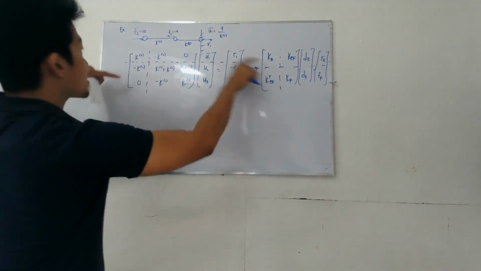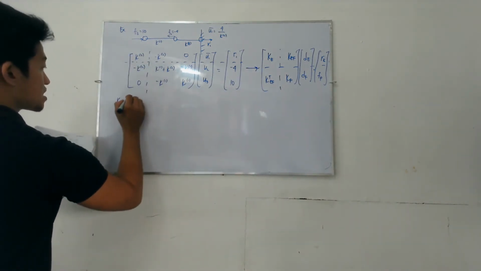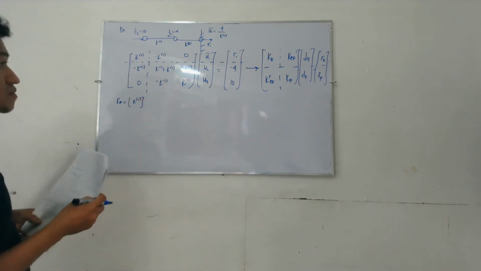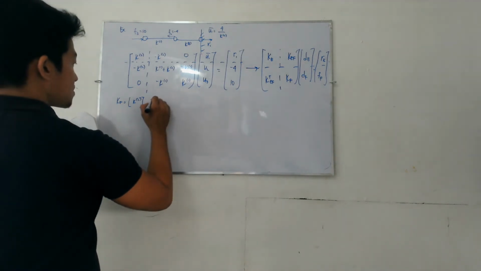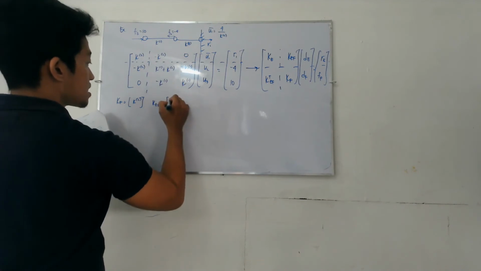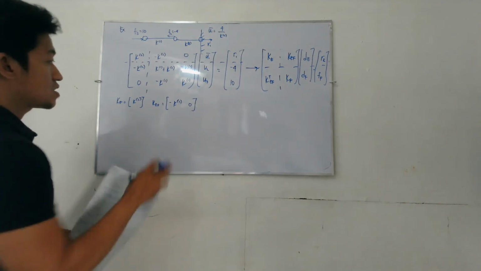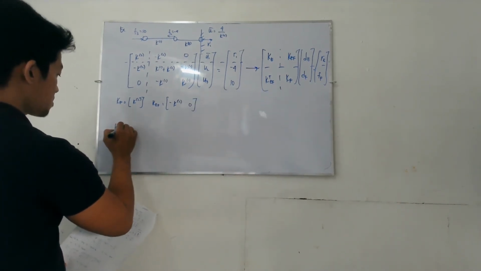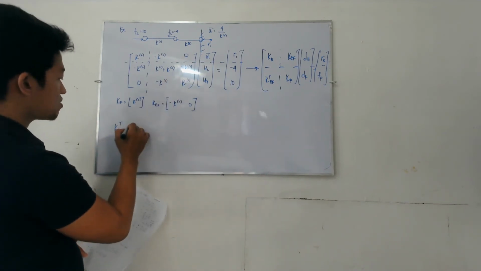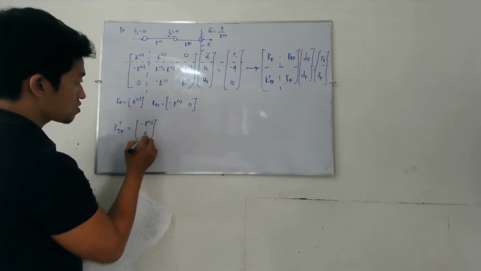K_EE in this box is K of 2. K_EF is 0 and negative K of 2, and K_FE is its transpose: you flip it, interchange the rows and columns, giving negative K of 2, 0.